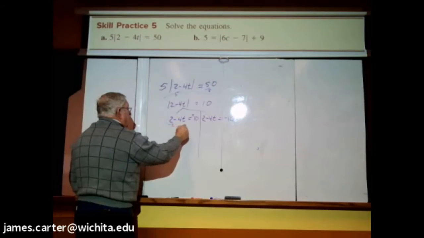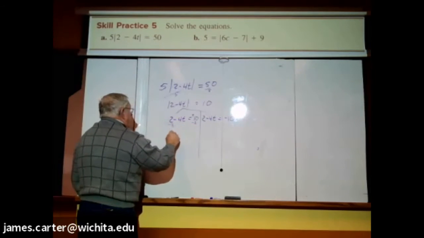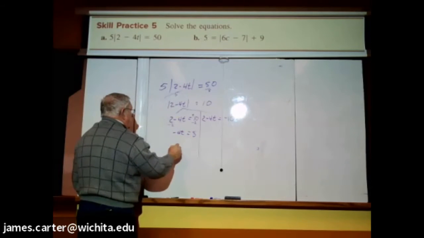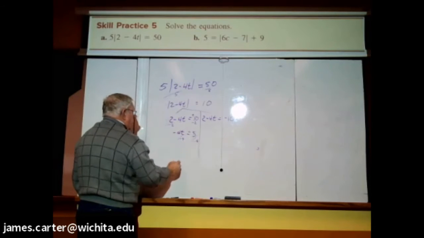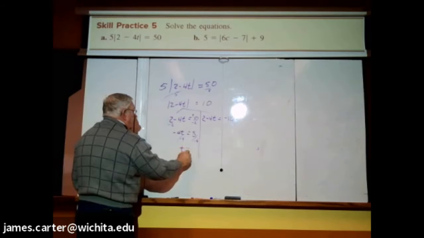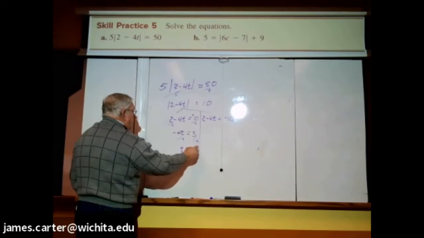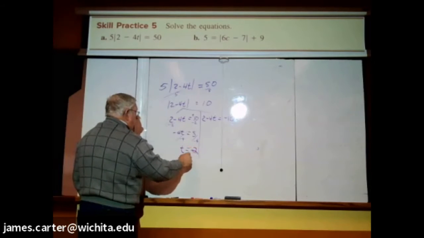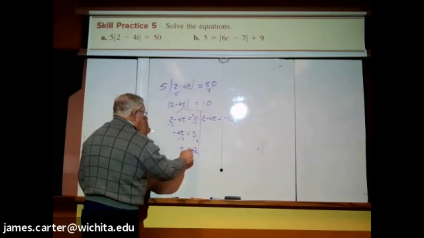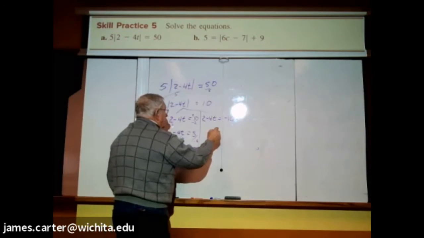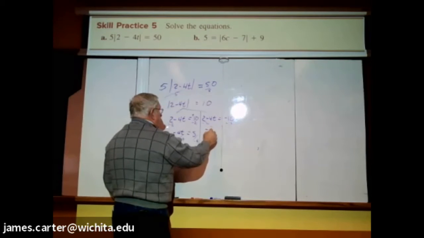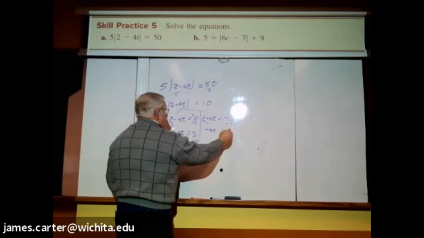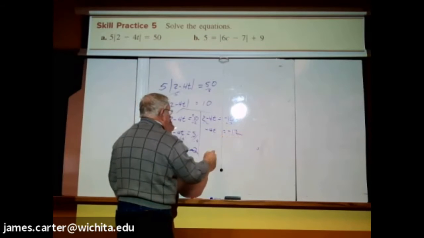Subtract 2 on both sides. Negative 4t equals 8. Divide by -4, and t equals -2. Better make that negative a little more obvious. Over here, -2 minus 2, negative 4t equals -12.